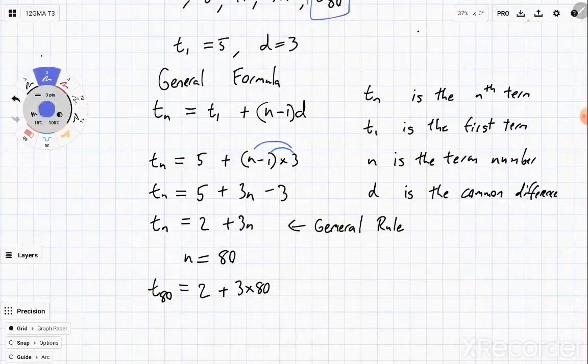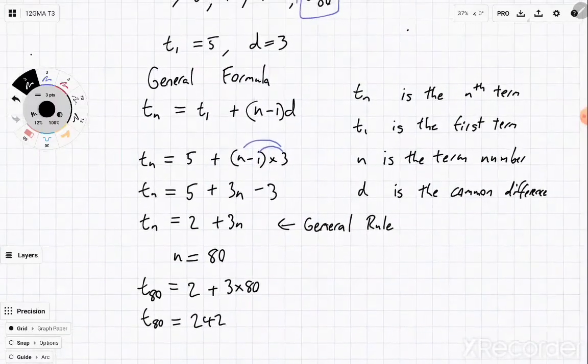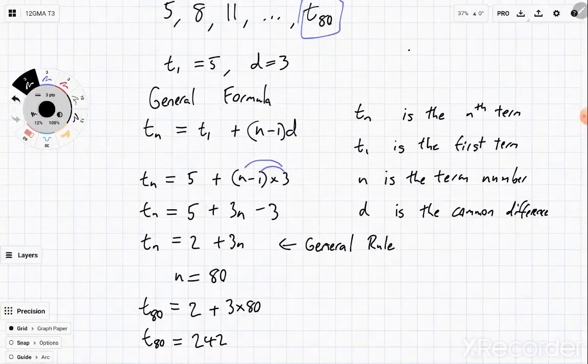Right? I'm just substituting in the n. And so now I just need to work it out. 3 times 80 is 240, plus 2 is 242. And so the 80th term of the sequence is 242. So this is the general rule. This is how it works. I'm going to go through one more example, and then we're going to move on.